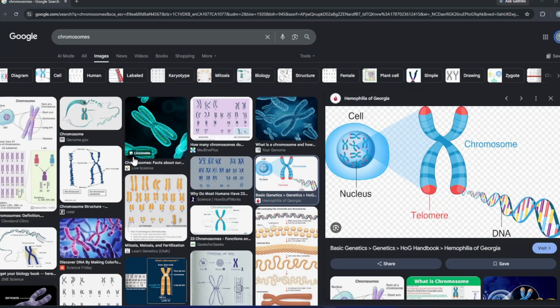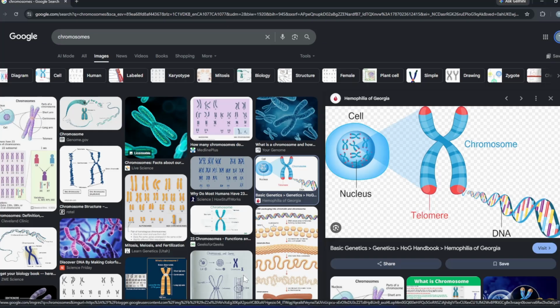Now, one thing that I think chapter 1 didn't really explain too well is that, yes, your DNA is found in your nucleus, in the eukaryotic cell, right? But more specifically, this is a chromosome, as you're looking at it. It looks like an X. And there are actually two sister chromatids that are crossing over each other. And there's actually more chromosome anatomy to know. This one's pretty good.